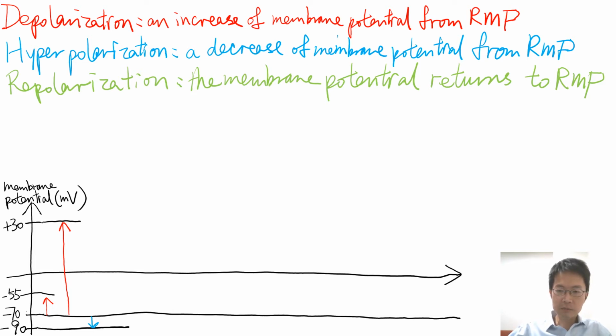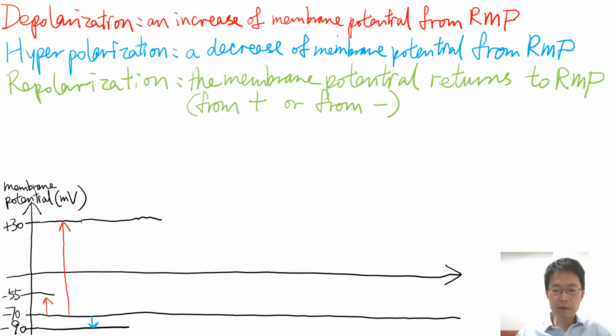So it can be from positive or from negative. I'll show you what I mean by that. Let's say the cell right now is at plus 30 millivolt.